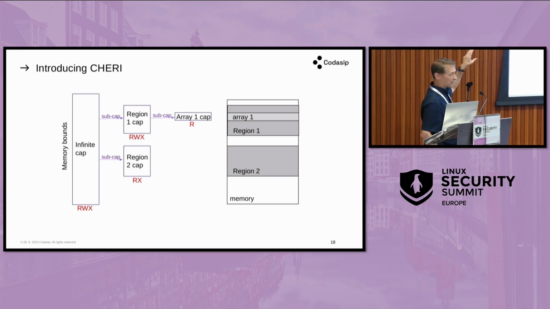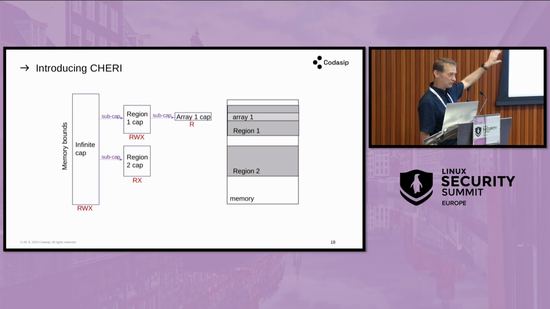On the diagram here, I've represented the bounds of the memory vertically. Permissions are marked in the bottom, and you can consider each of these ones on the left as a capability. So we start with our infinite cap, and then if we want to create 2 regions in memory, say 2 compartments, we would then break down into new capabilities.